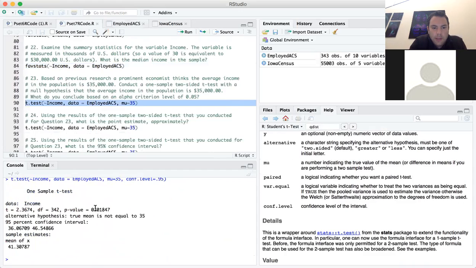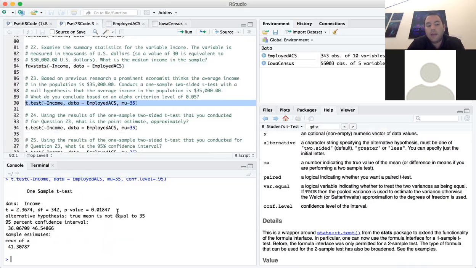So this is the result of our t-test. So here we can see that we got a p-value of 0.0847, right? So in order to find out if this is a significant p-value or not, we have to compare the p-value with our given alpha value. Here we said we're running a test with an alpha value of 0.05.